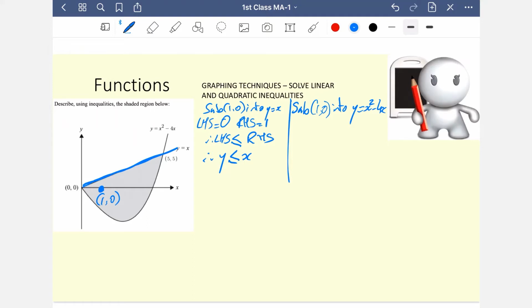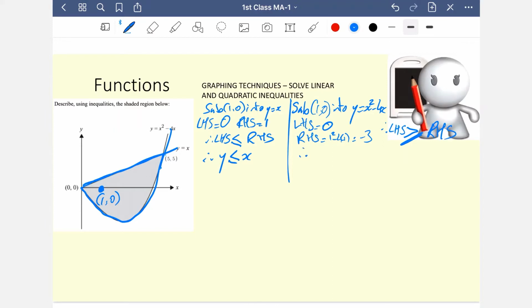Okay, let's do the same thing over here. Left hand side, well, that's y. I'm going to replace that with 0. The right hand side, 1 squared minus 4 times 1, which is negative 3. Therefore the left hand side in this case is greater, and once again this function is unbroken, so it's or equal to the right hand side.